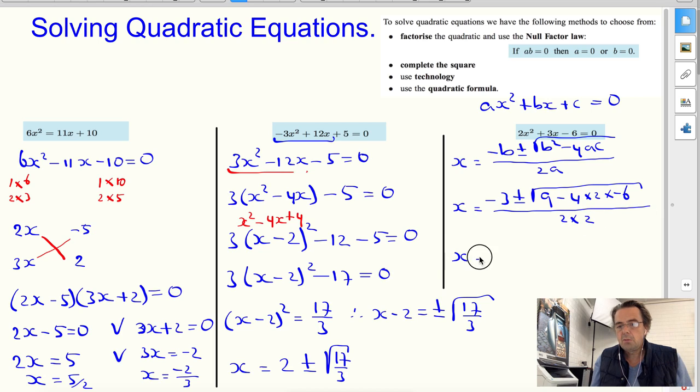Now if you clean that up, this is going to be 9, this bit here is 48, 48 and 9 makes 57, so it's negative 3 plus or take the root of 57 all over 2 times 2, 4. There you go. A lot easier than completing the square, because this result here is already the result of completing the square.